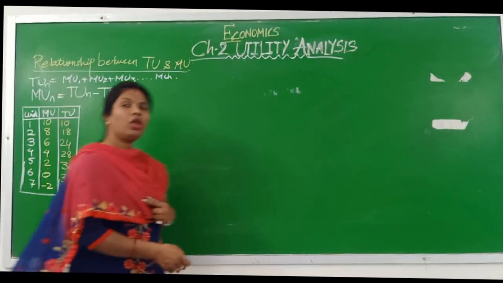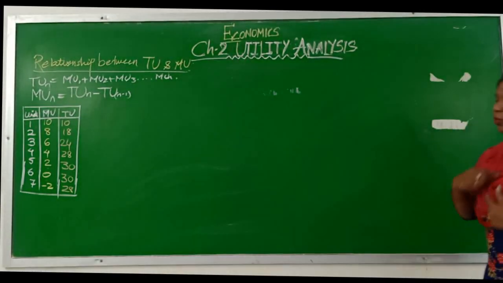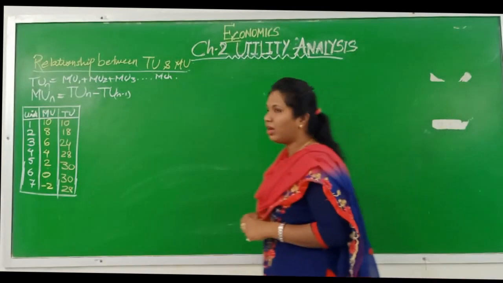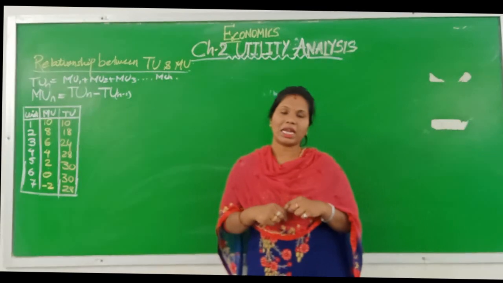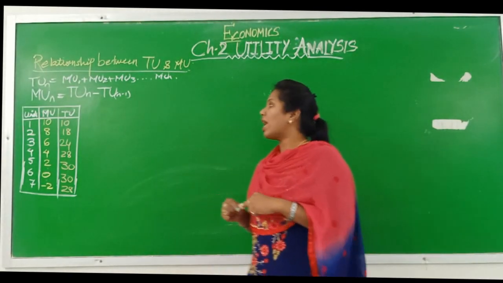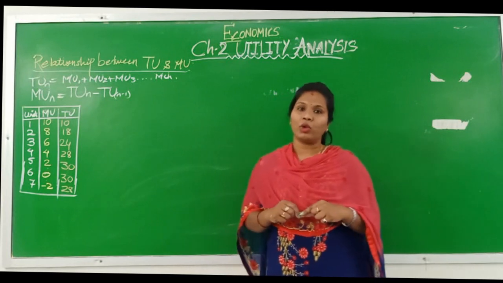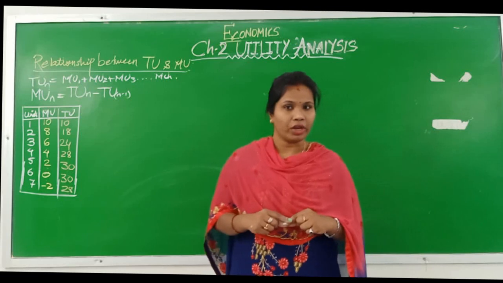Okay, I have drawn one. I have plotted a schedule on the board, which you can all see. There are 3 columns in the schedule. In the first column is the unit, that is the number of units that the consumer has consumed. The second column is marginal utility, that stands for MU, and the third column is TU, that is total utility.